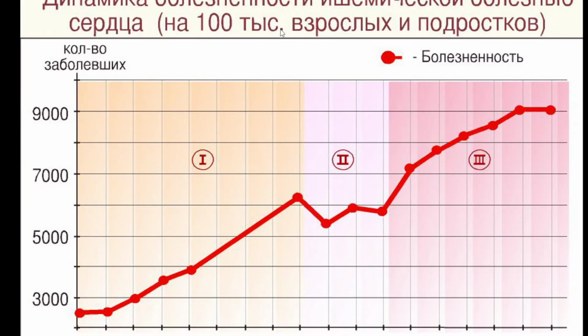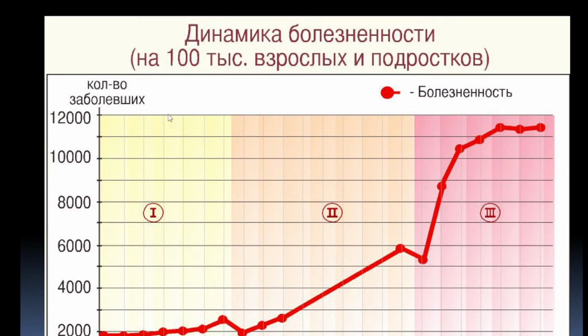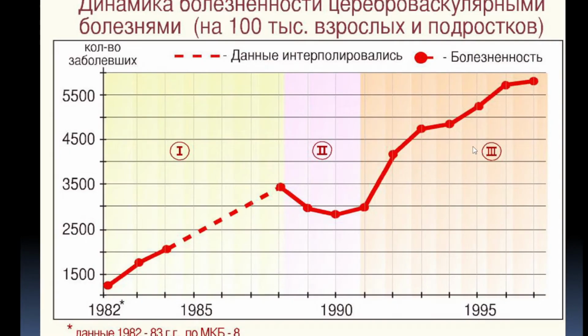For all the diseases, for example, here we have such a disease as ischemia of the heart, the same picture. It's hypertonic disease, and it's disorders of blood supply of the brain. And you can see in all these cases increases of morbidity by different diseases.